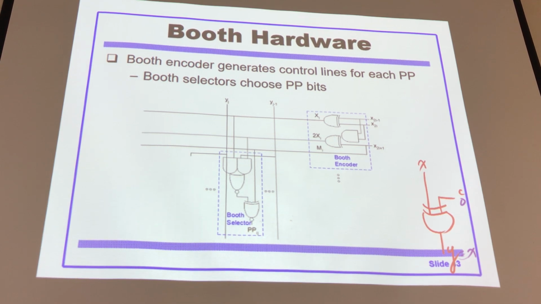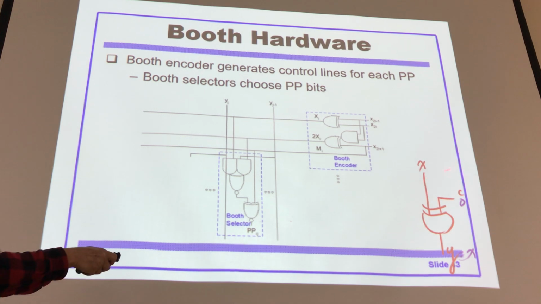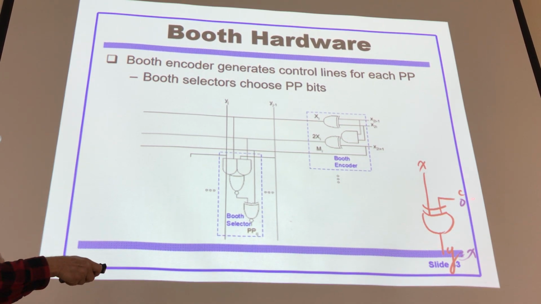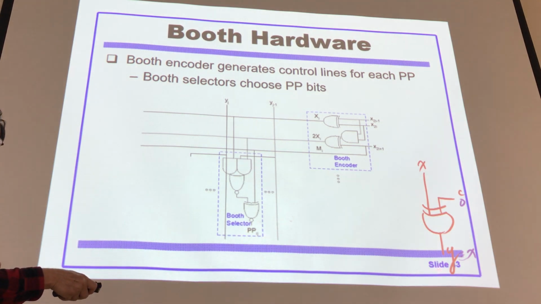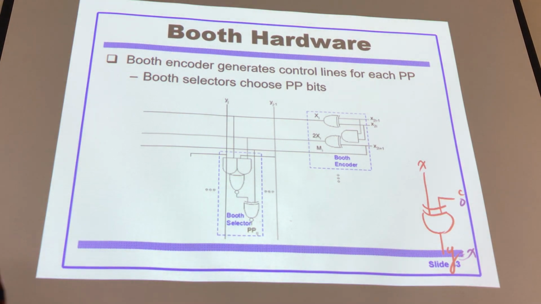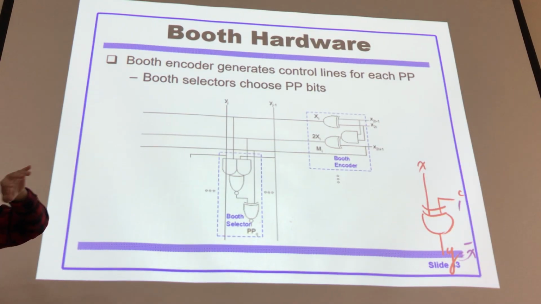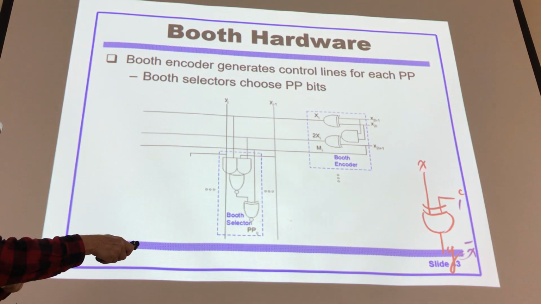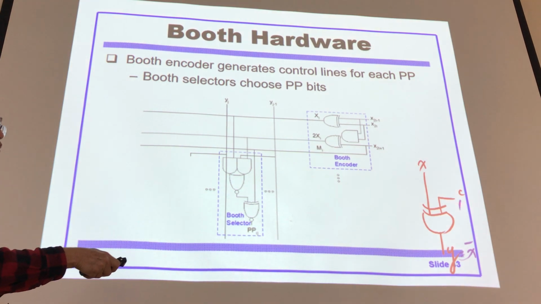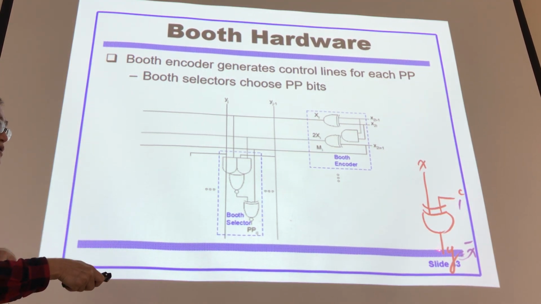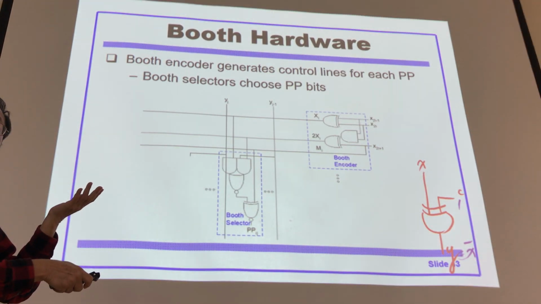Is that right? 0, 0, you get 0. 1, 0, you get 1. So just go through. When C is 1, the control is 1, you are getting X bar. You will try to invert the bit X. If 0, 1, you get 1. 1, 1, you get 0, inverted.